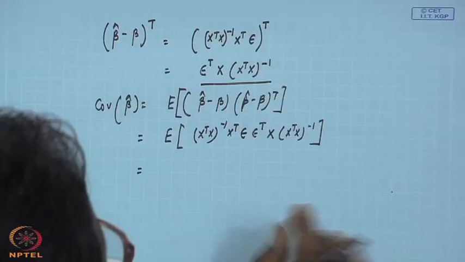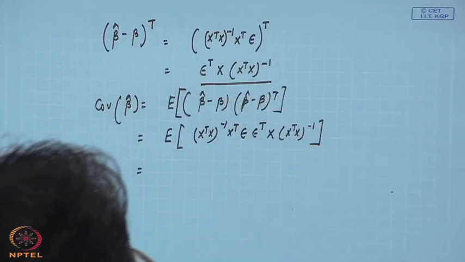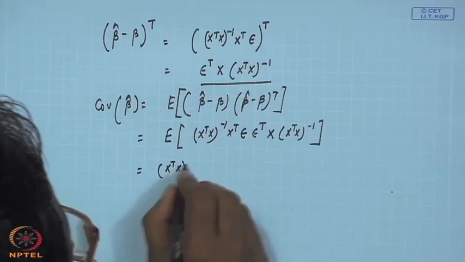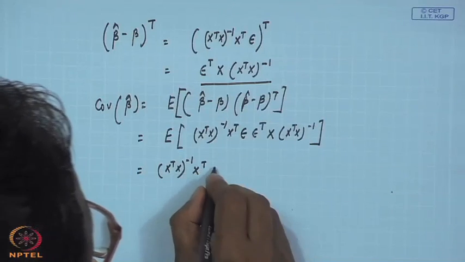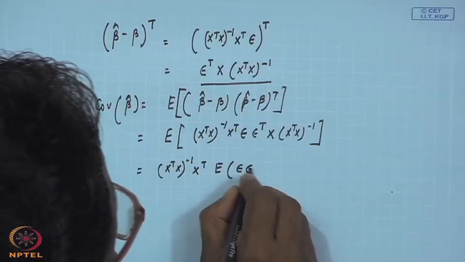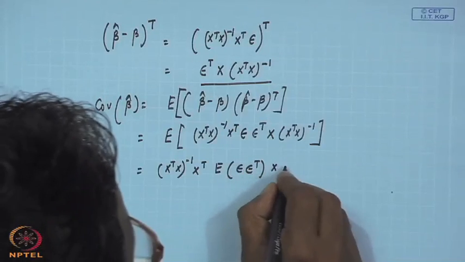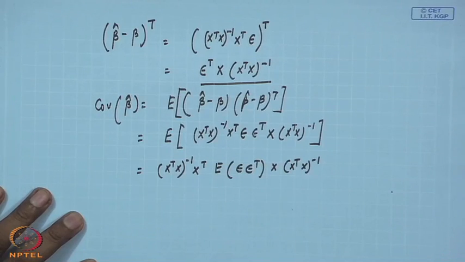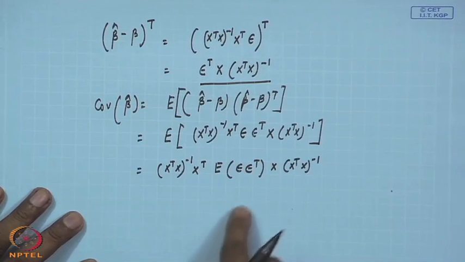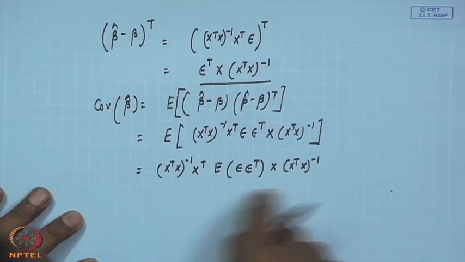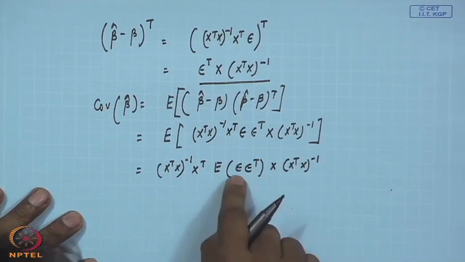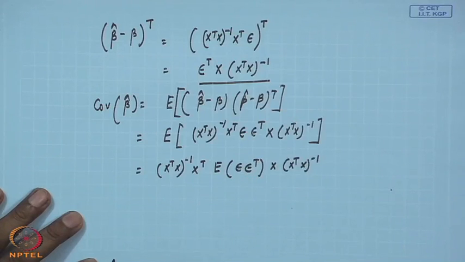As usual we will bring the X factor out of the expectation operator, then we will get X transpose X inverse X transpose expected value of epsilon, epsilon transpose X, X transpose X inverse. This fixed value does not require the expectation operator here. Now, question is, what is epsilon, epsilon transpose?